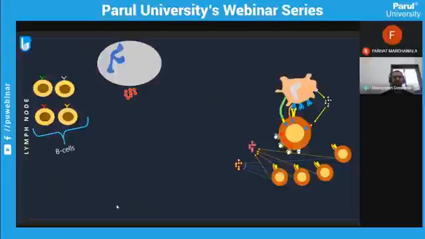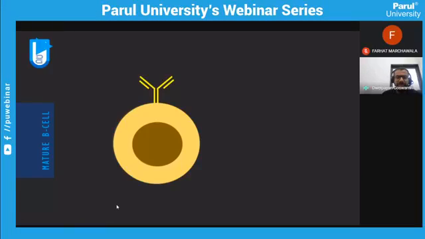They are simply waiting for one or two different foreign antigens to come. They are just waiting for the antigens to come. Okay, till this point, B cells are sleeping.